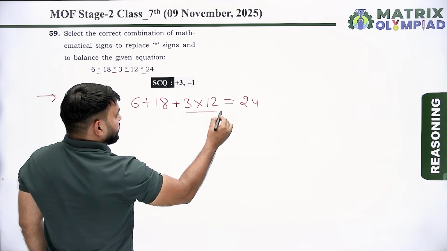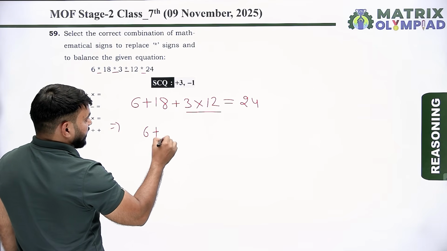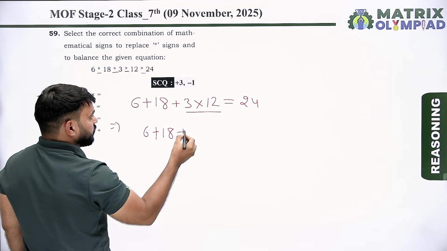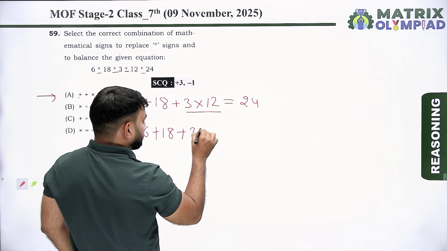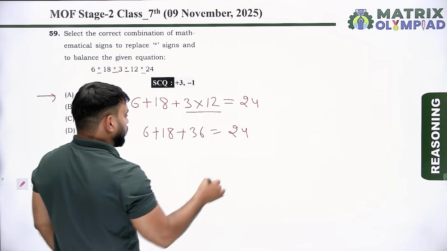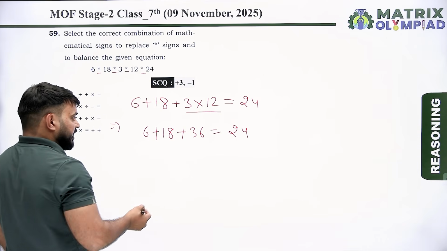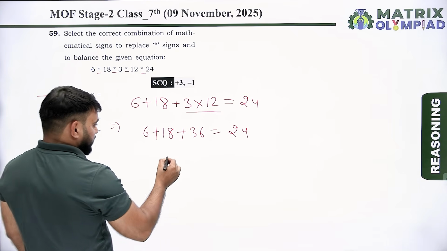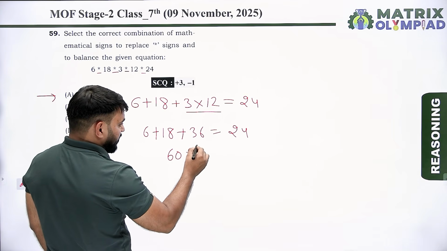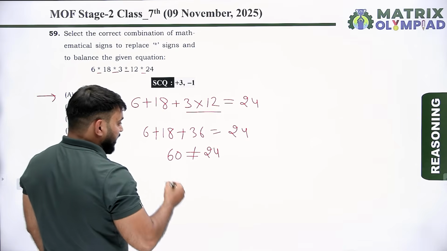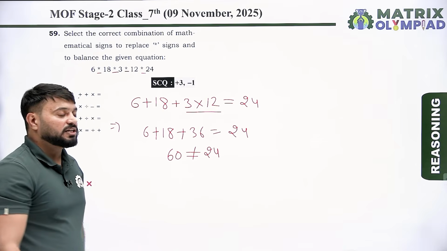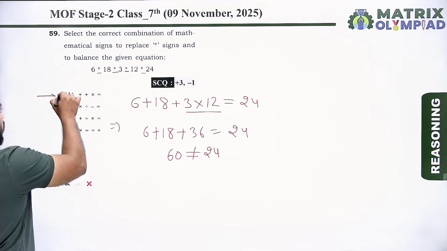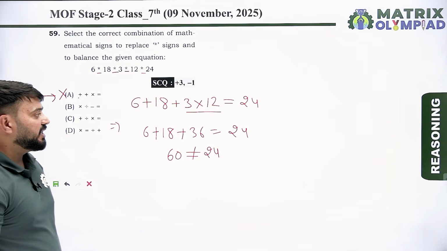So first multiply the numbers. So 6 plus 18 plus 3 into 12, it means 36 is equal to 24. Now 6 plus 18, it means 24. 24 plus 36, it means 60. 60 is never equal to 24. So here LHS is not equal to RHS. So it means option A is an incorrect option.